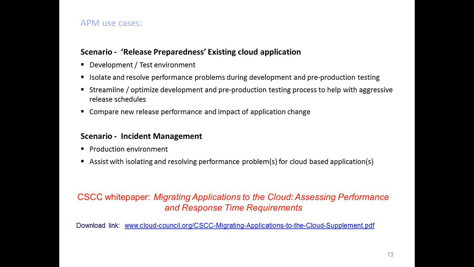And then the last scenario is around incident management. Obviously, this would be in the production environment, and these tools are great for helping isolate and resolve performance problems for cloud-based applications. And again, based on the technology, it can actually provide code-level visibility, which allows you to actually see the code that's being executed within the transaction.